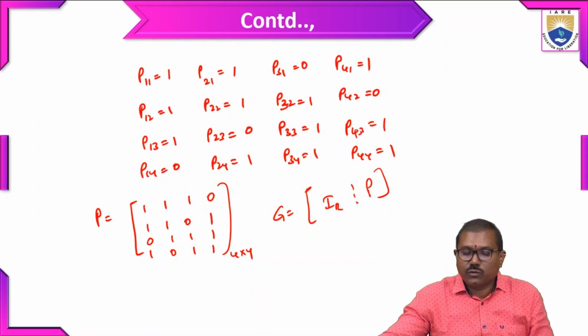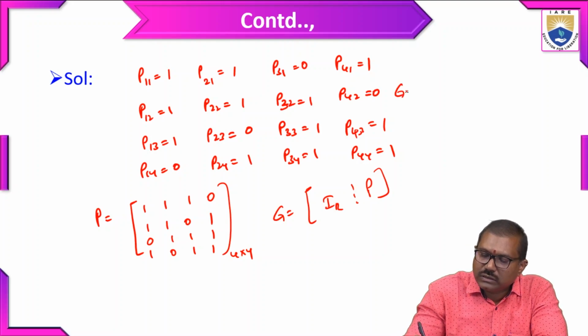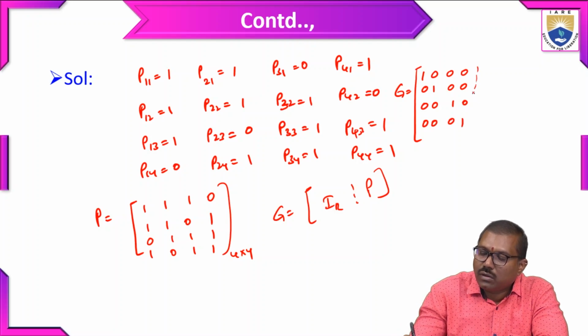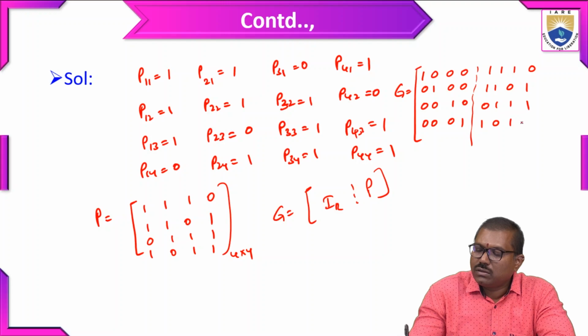Okay. So substituting, this G is equal to identity matrix, size 4 by 4. So 1, 0, 0, 0, 0, 1, 0, 0, 0, 0, 1, 0, 0, 0, 0, 1. Augment P. So what you got for P? 1, 1, 1, 0, 1, 1, 0, 1, 0, 1, 1, 1, and 1, 0, 1, 1.